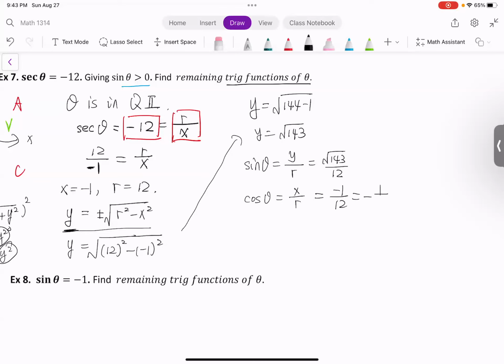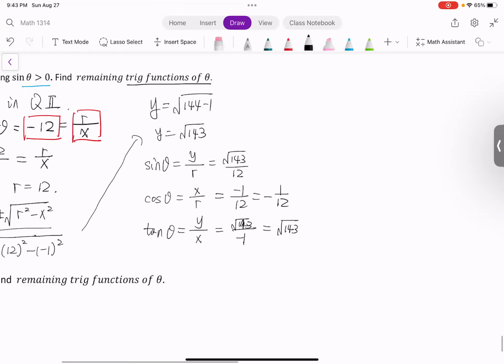And tangent theta equals y over x. What is the y? Square root of 143 over the x, negative 1. So I have negative square root of 143.